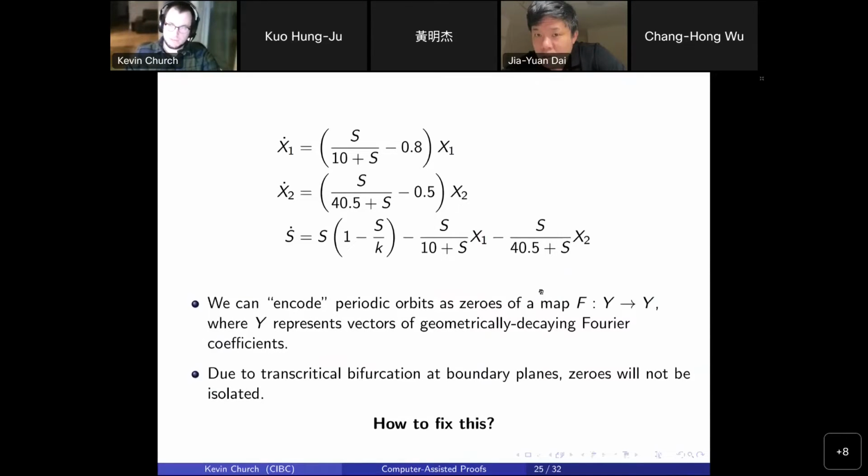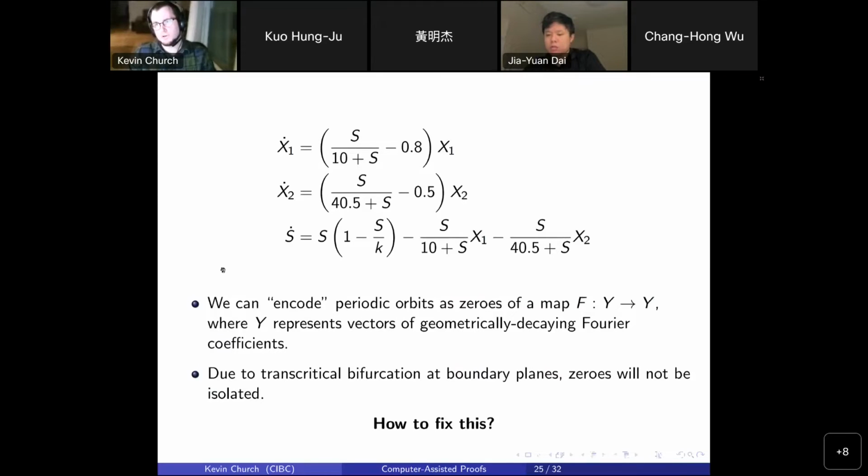So before I mention that, I should just say that for this problem, there is indeed a way to encode periodic orbits as zeros of a map. In this case, we represent periodic orbits as Fourier series, and then we pose our map F on spaces of Fourier coefficients.